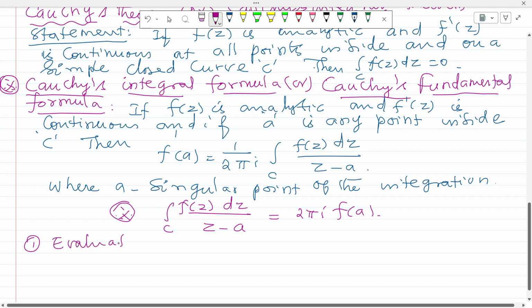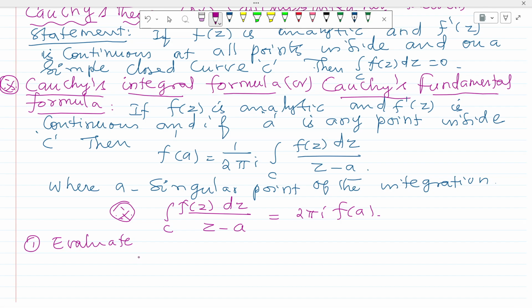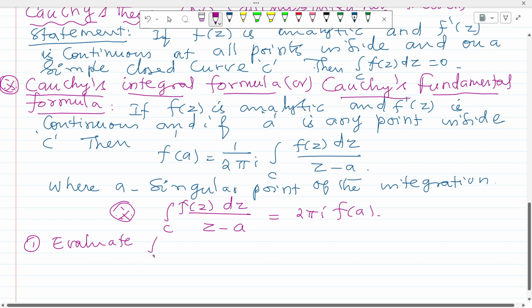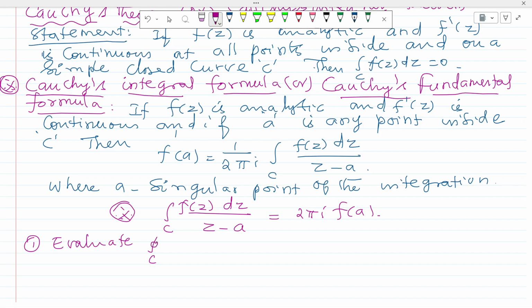Evaluate integral over C. If we write a circle on the integral, it is known as the closed curve.